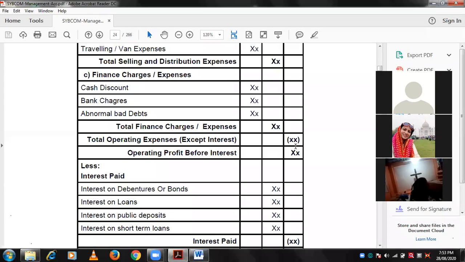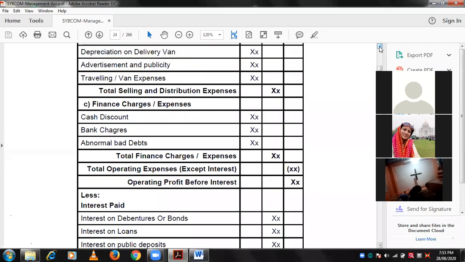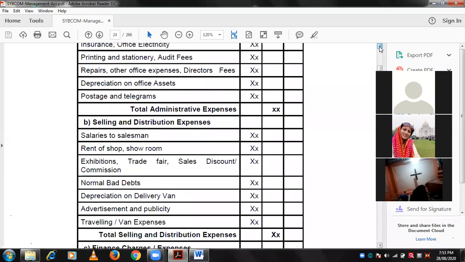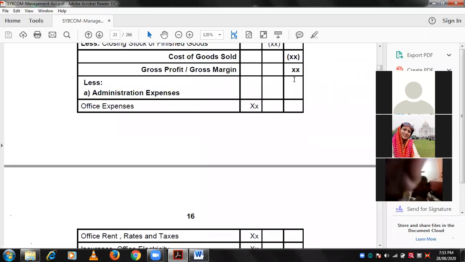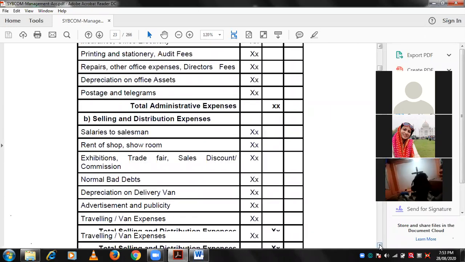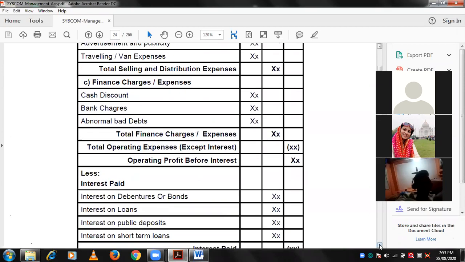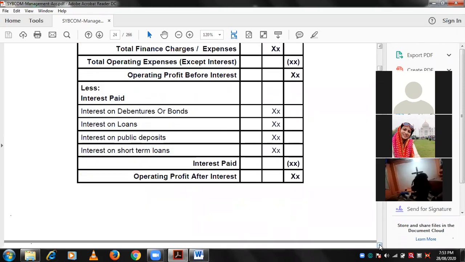So we have to deduct this total operating expenses from gross profit. So gross profit, whatever we get here in the third column, we have to deduct these operating expenses from this gross profit, and we get an operating profit before interest. So operating profit before interest means the interest is not deducted from it.